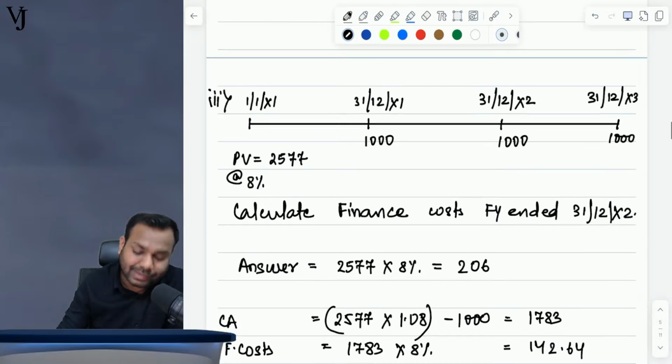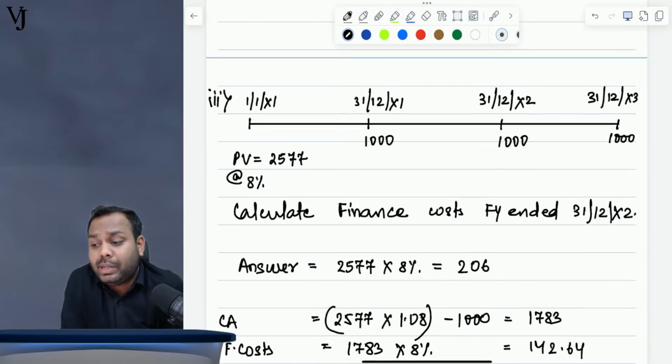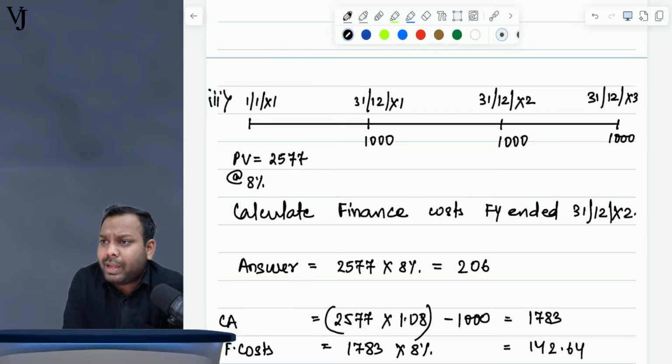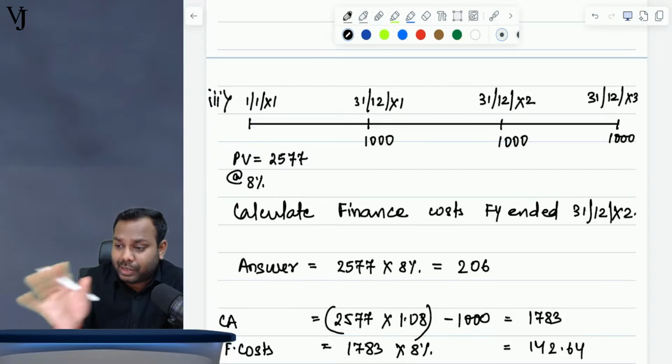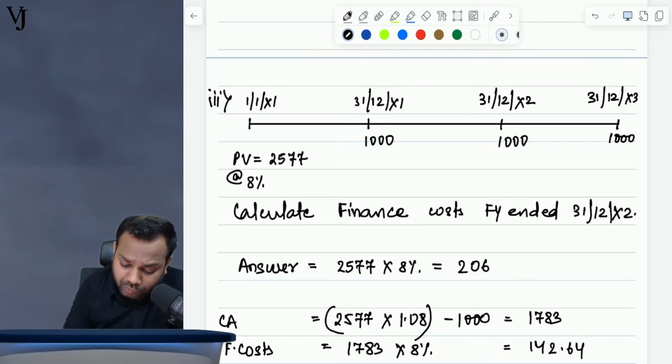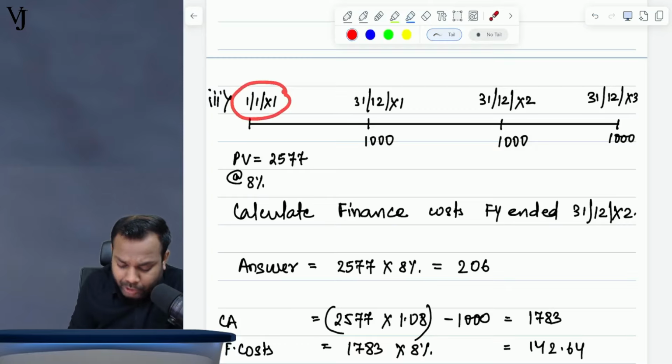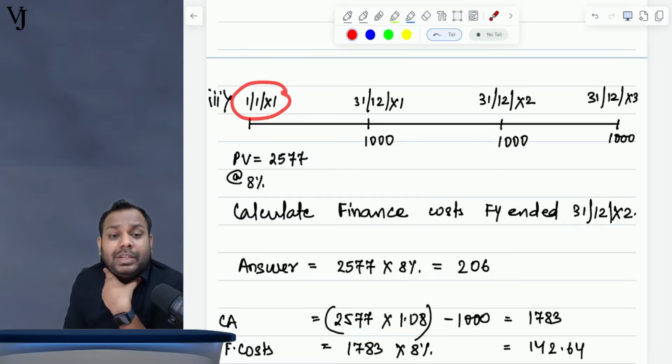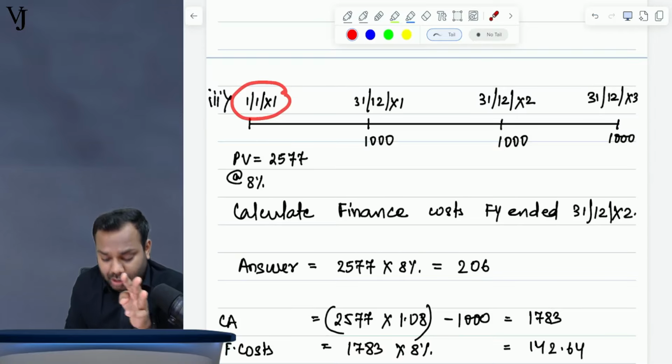Now, the examining team says that you need to read the question properly. What exactly is meant by reading the question properly? Let's suppose there is a question that on 1st January 20x1, we have taken a machine on lease for 3 years.